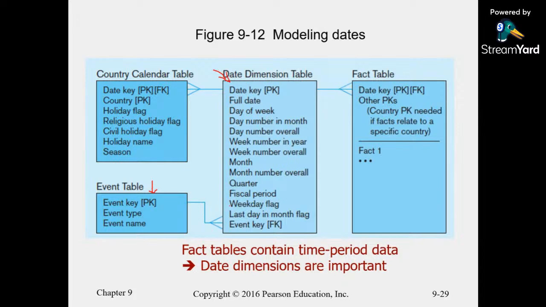So based on this relation, what can we say about how many events could be associated with a particular date?